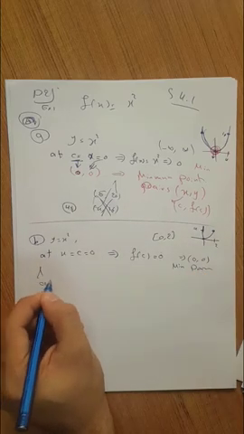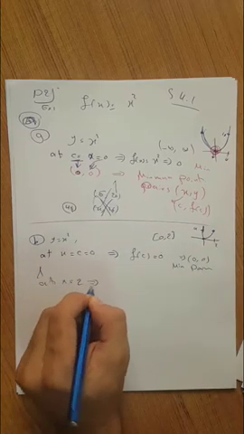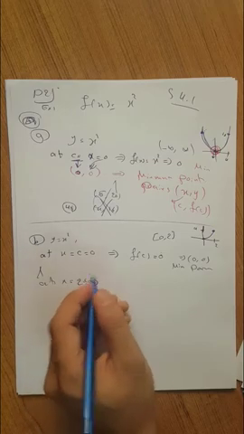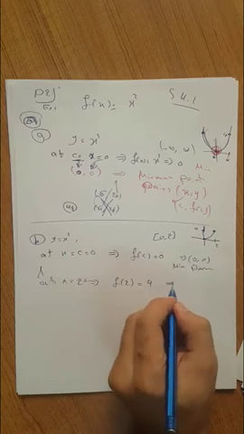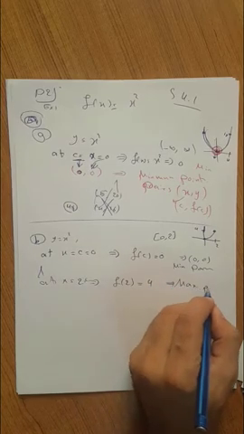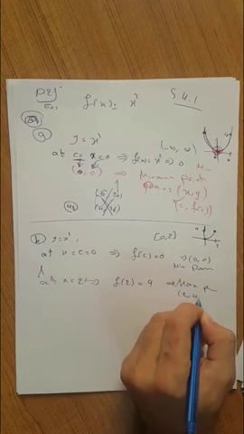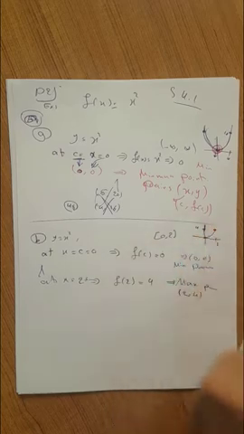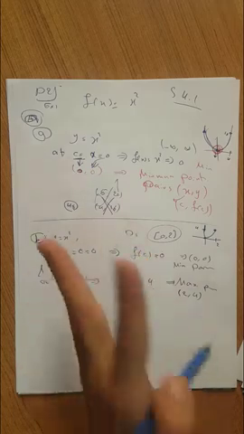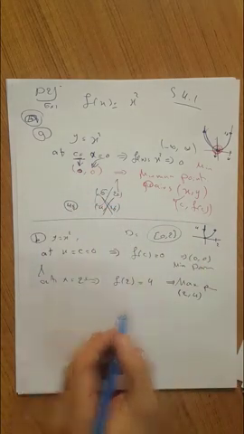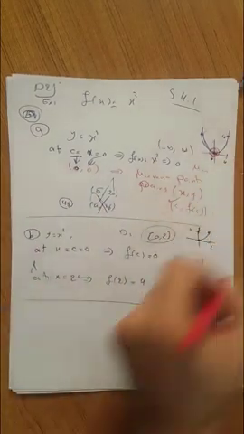And at x equal to 2, so c equal to 2, f of 2 will be equal to 4, and our maximum point will be 2 and 4, right? There is no value more than 4 in this domain. This is our domain. It is restricted, as I mentioned in the inverse function.